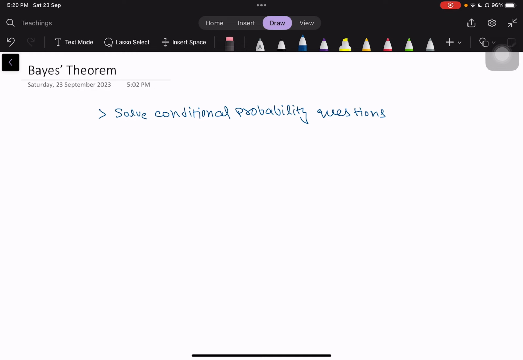So let's derive this theorem, like what is the formula? So we'll be using conditional probability equations to derive this theorem.